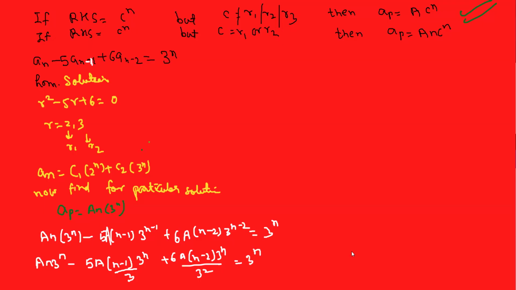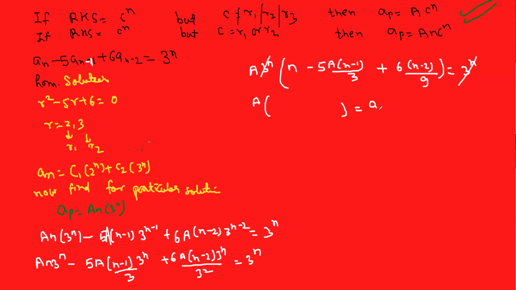Understood? Take A 3 raised to n common. What will you get? 3 raised to n cancel. Okay?